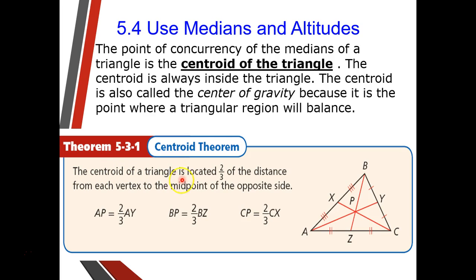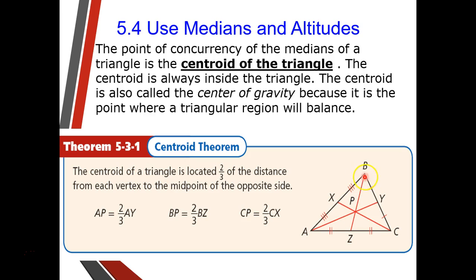The centroid of a triangle is located 2/3 of the distance from each vertex to the midpoint of the opposite side. So like these three state right here, this right here, AP is equal to 2/3 the whole distance of A to Y. So this is 2/3 of the whole median from A to Y. And then same thing goes for the other two medians.